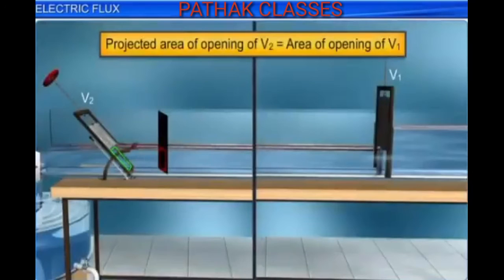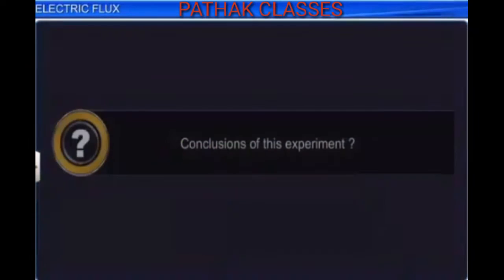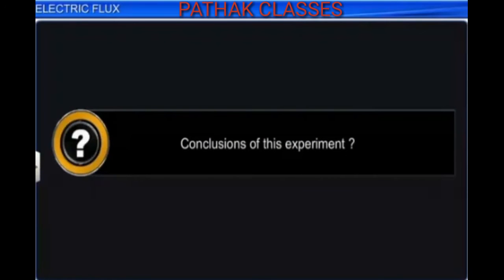The projected area of opening of V2 taken on a plane, which is perpendicular to the direction of flow of water, is equal to the area of opening of V1 that is kept perpendicular to the direction of flow of water.